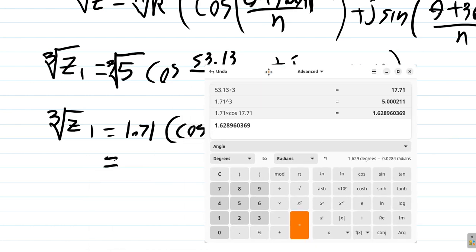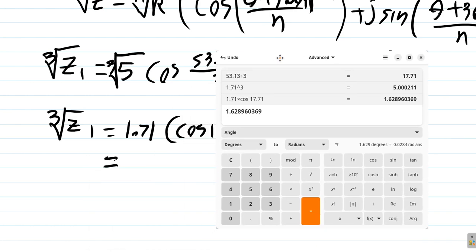And then 1.71 multiplied by the sine of 17.71 equals 0.52.